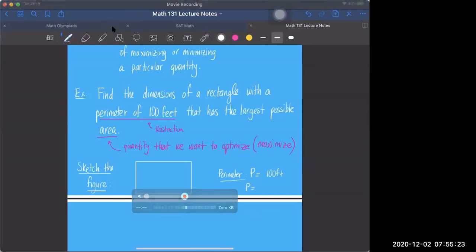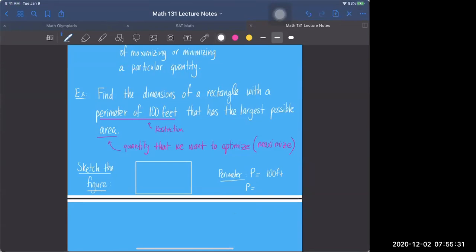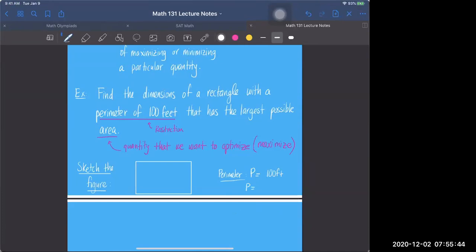By adding all the sides up. By adding all the sides up. But do we know the side lengths? No. But then, I was thinking, could you divide 100 by 4? Okay, if you divide 100 by 4, you get 25. And then what do you do with that?